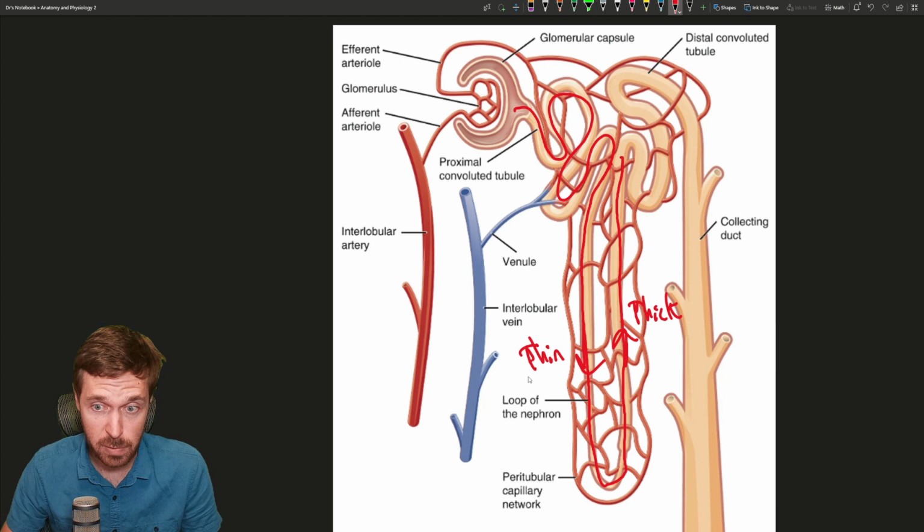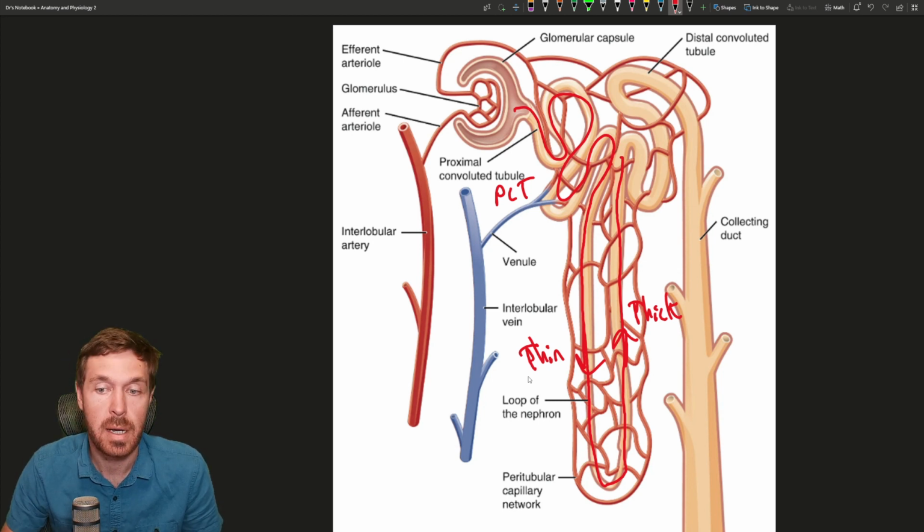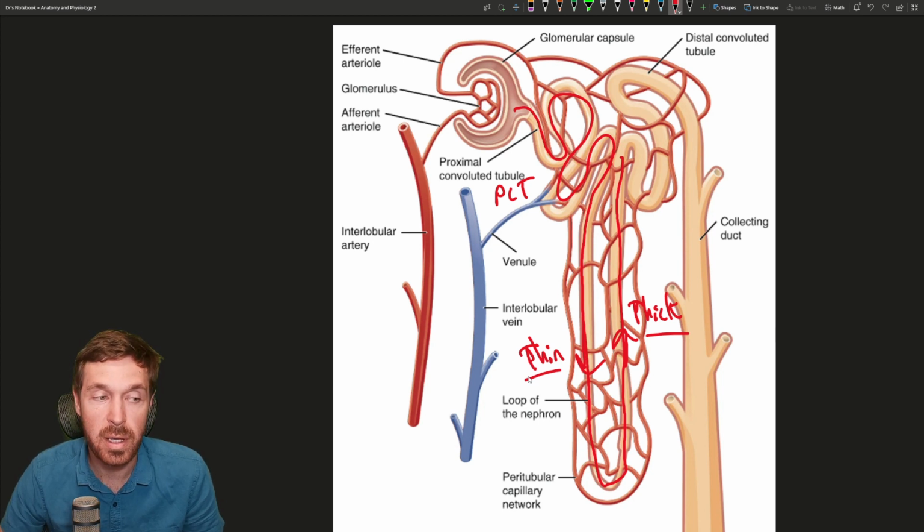This one's more specific. A lot for the PCT or proximal convoluted tubule, there's a lot of different things that can be reabsorbed and secreted there. Here, for the thin and thick things, we're only mainly talking about sodium and water and a little bit of potassium. So we'll talk about that in a second here.